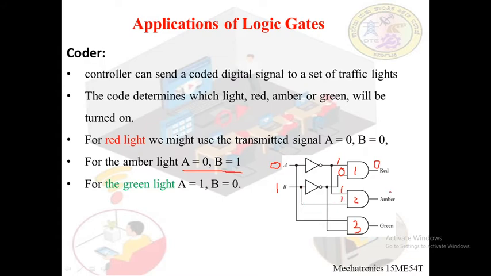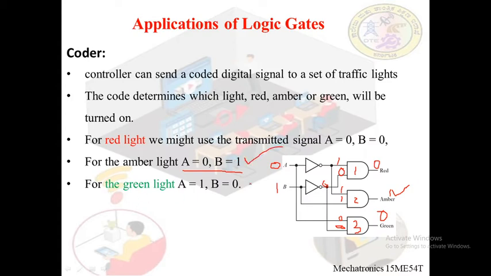So 1 into 1 is 1. Now what happens at AND gate number 3? 0 enters directly, we have 0 here, and 1 after passing through this NOT gate turns to 0, and this enters here, 0 into 0, 0. Therefore we get the amber light to glow with this set of inputs.